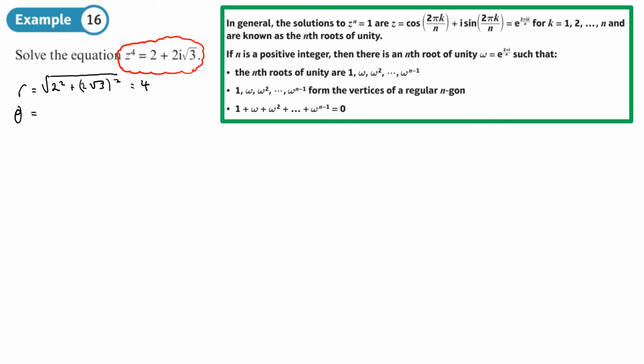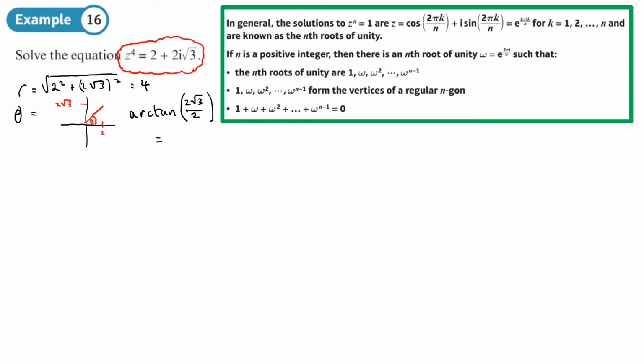We'll do an Argand diagram so I get it in the right place. So it's 2 across, 2√3 up. So that's my argument there. I can get that by doing the tan inverse. Let's call it arctan this time, because we're dealing with radians and we have a particular range of values. That's going to be the opposite, 2√3, over 2.